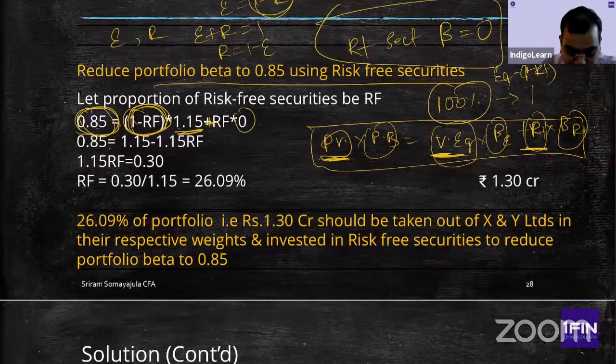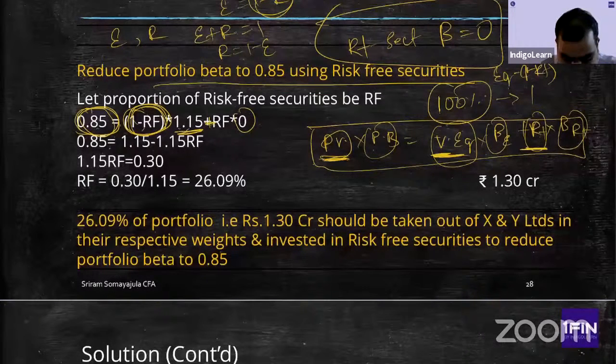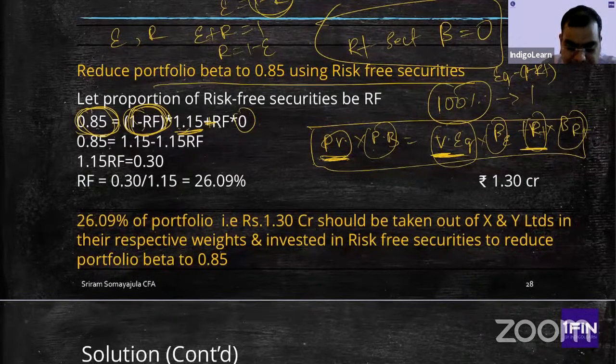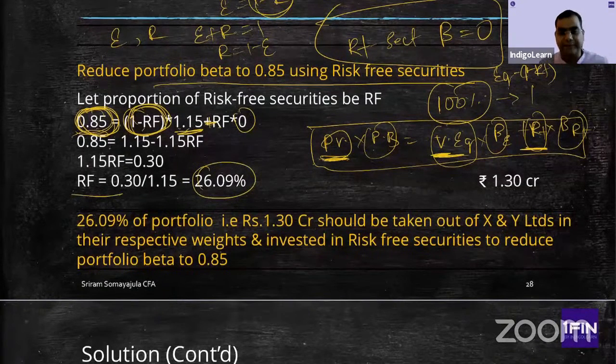So 1.15 into weight of equity shares plus risk-free weight into the beta of risk-free asset, which is 0. The weighted average beta is 0.85. If you solve this equation, you get 0.85 is equal to 1.15 minus 1.15 RF. And if you solve this further, you get risk-free assets equal to 26.09%.